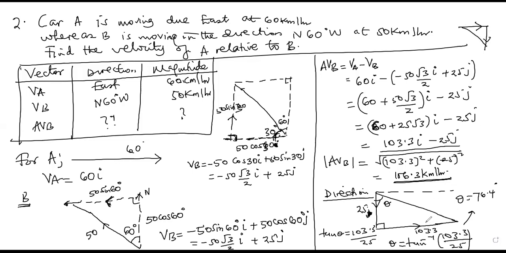So one can conclude here and say, therefore, the velocity of A relative to B is 106.3 kilometers per hour in the direction you first mentioned, the j, in the direction south 76.4 east. Because you mentioned south, then east. As simple as that.